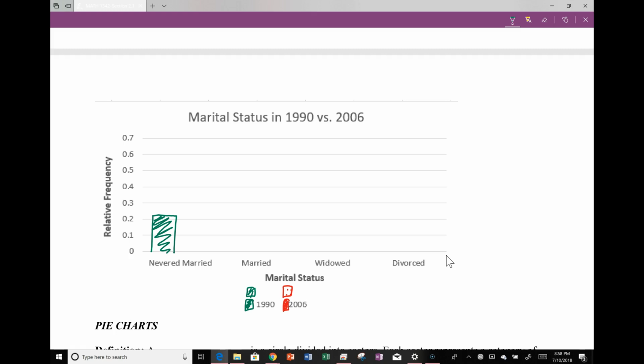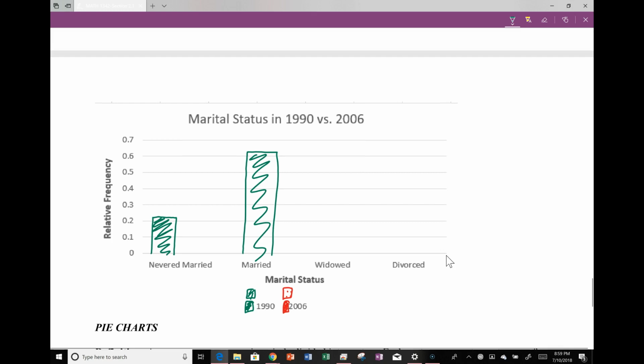For married, it was 0.619. So I'm coming up here and coloring it in. Widowed was 0.076. So I'm down here. And for divorced, it was 0.083. I'm a little bit taller, not much.